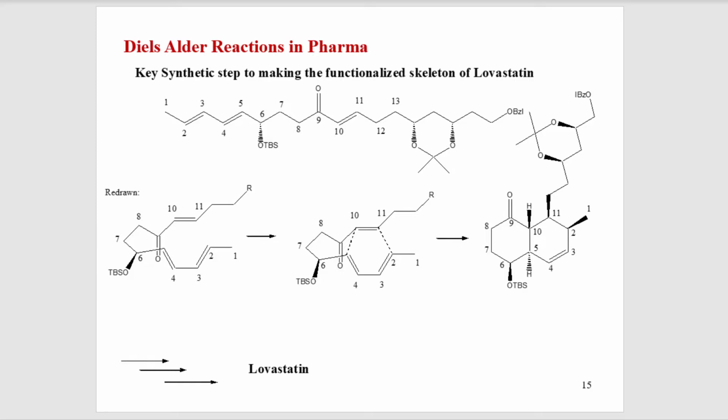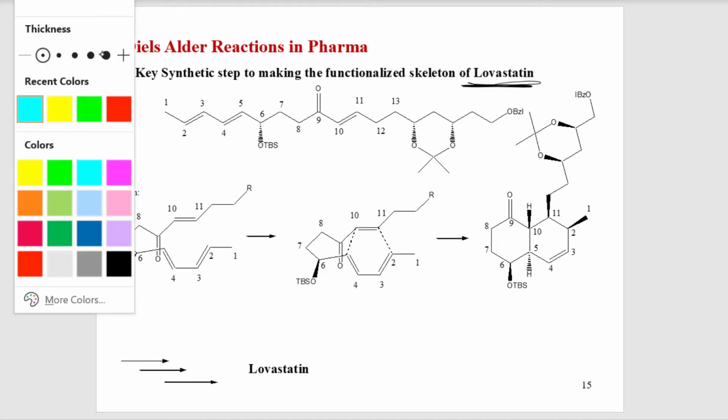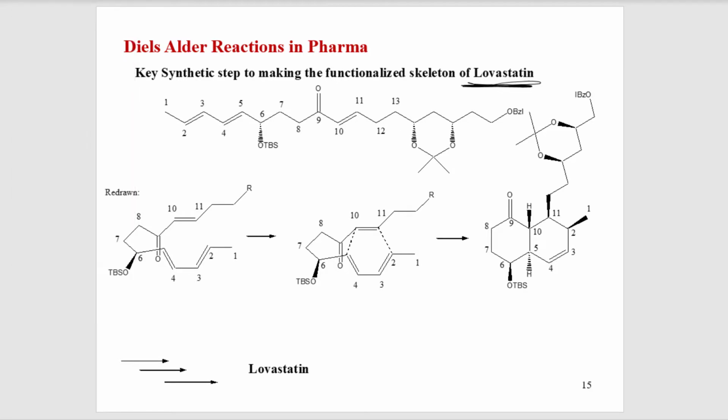We also can utilize this chemistry in the laboratory, in a beaker. And so here is a precursor. This is a key synthetic step in making the functionalized skeleton of lovastatin, which is a drug. And it's a statin drug. And what you'll notice is that it takes many steps for scientists to make this long chain.